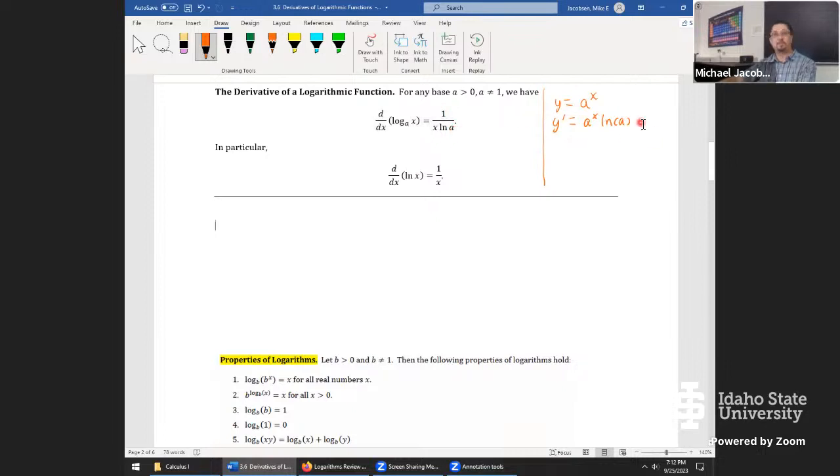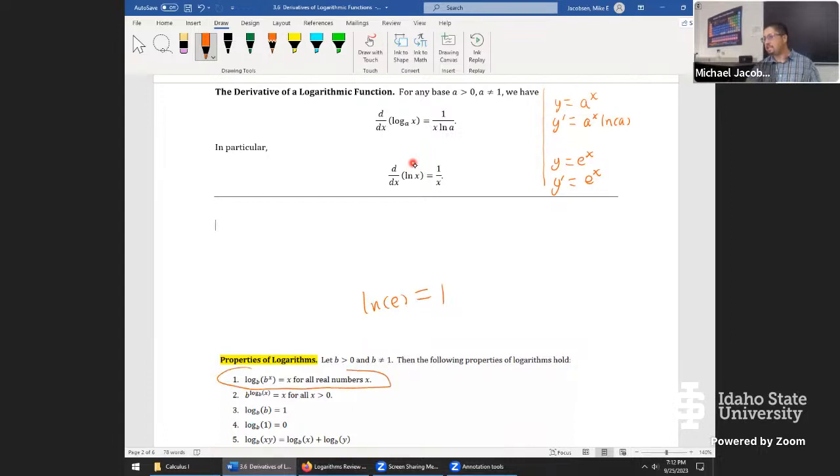It's just kind of baked into the problem, whether it's the exponential or the logarithm. But for the second row, matching up with this one, natural log x has inverse function e to the x, they're inverse to each other, and the derivative, y prime, is itself e to the x. It's not e to the x natural log e because natural log e is 1.